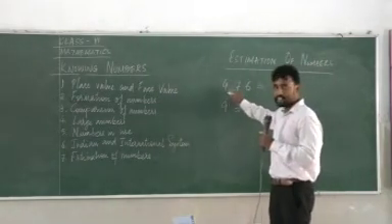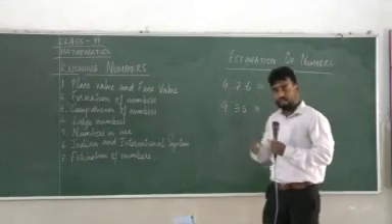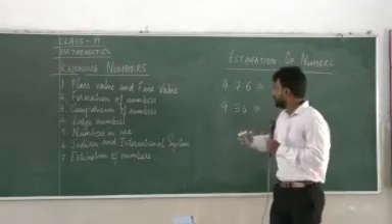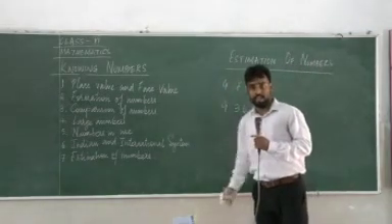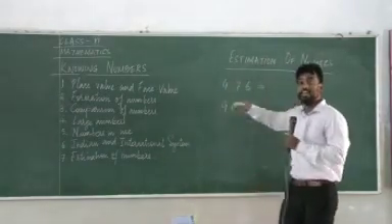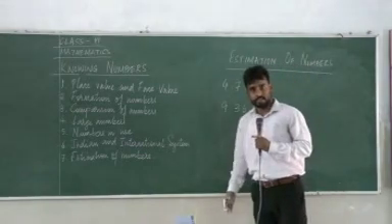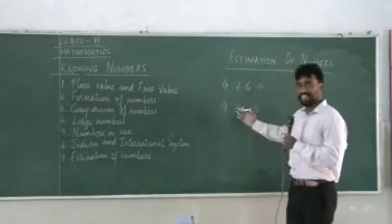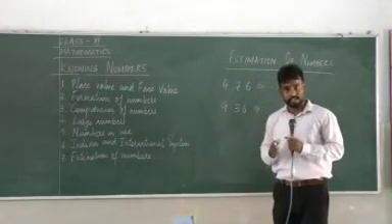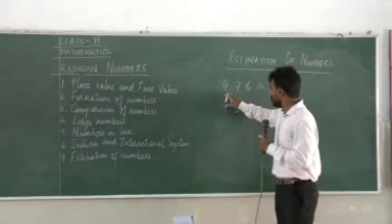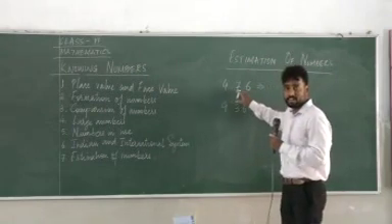We have 476 here. Now if any number is 50 or more than 50, it will get into the next hundreds. If the number is less than 50, the hundreds will remain as it is. For example, this is 476.